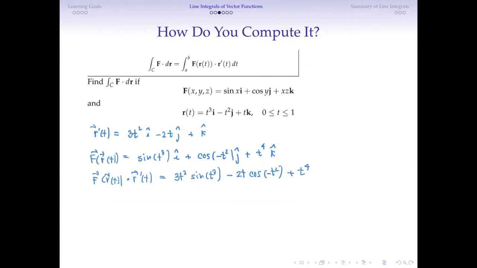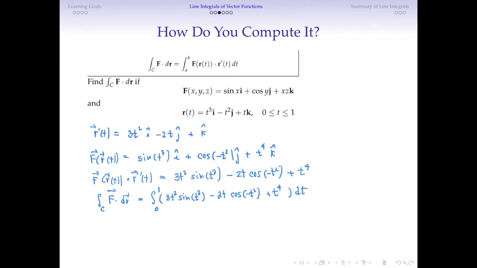The integral I have to do then is the integral over this curve of f dot dr is equal to the integral from 0 to 1, that's the parameter range, of 3t squared sine of t cubed minus 2t cosine of minus t squared plus t to the fourth, all that dt.